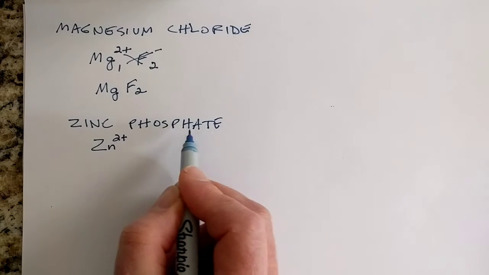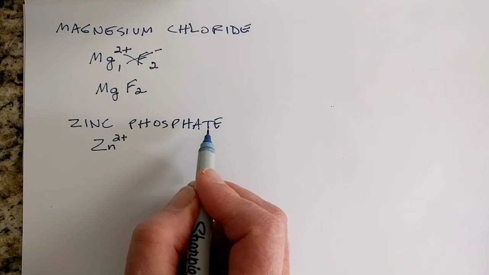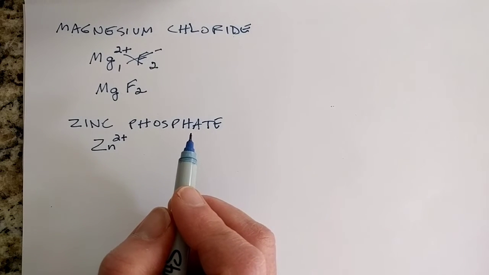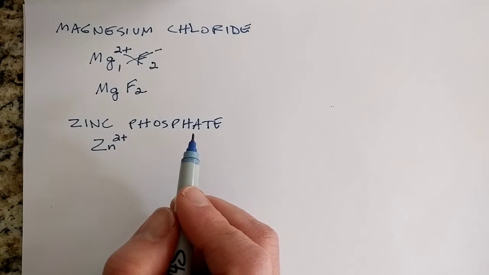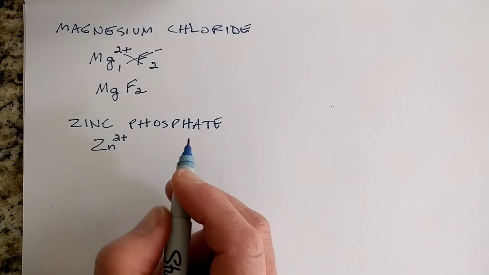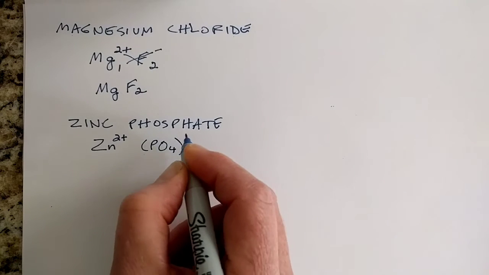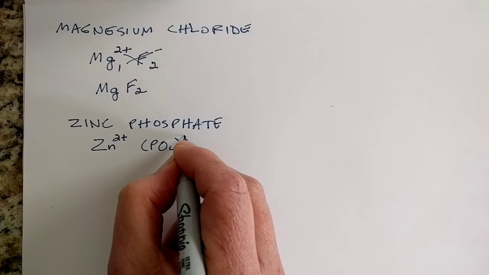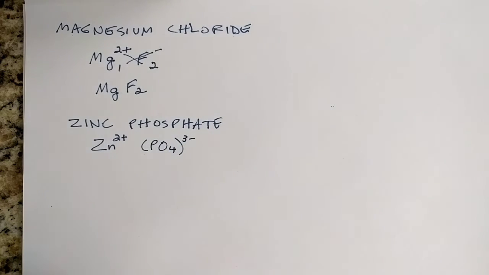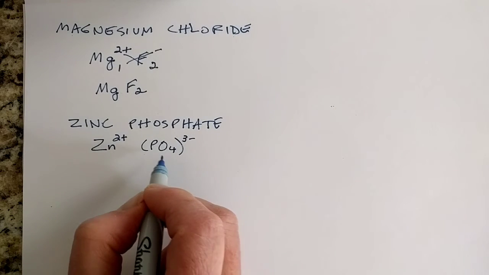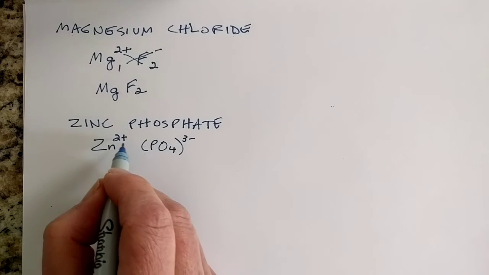This ate signifies a polyatomic ion. So we go to our chart and look where the phosphate is, and from our chart it is PO4, and that is a 3-. You can say -3 or 3-, that doesn't matter. All right, now we're going to cross our charges to the outside of the parentheses. Do not touch anything in the parentheses.